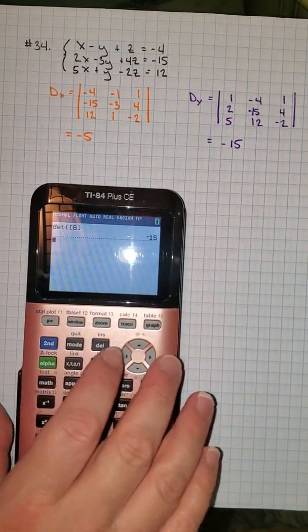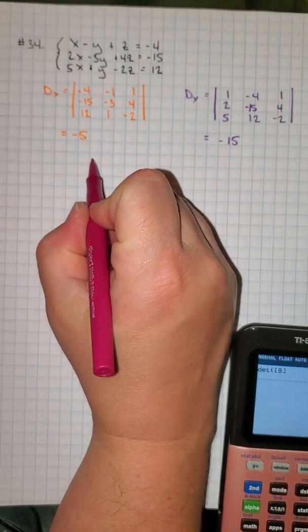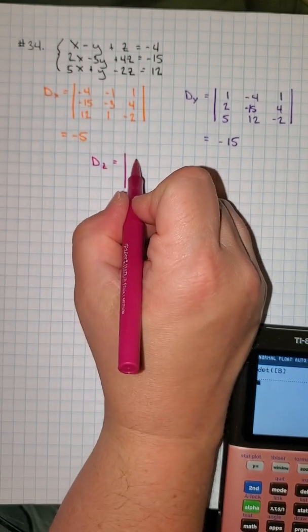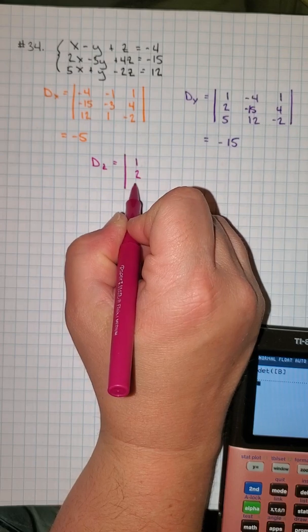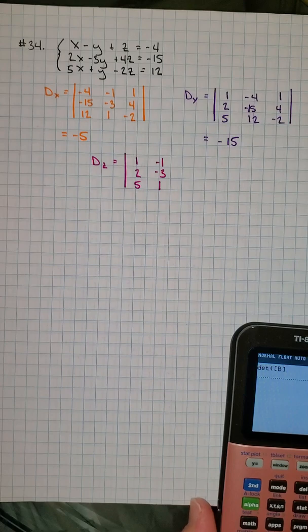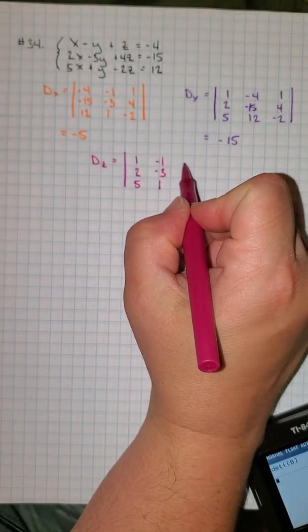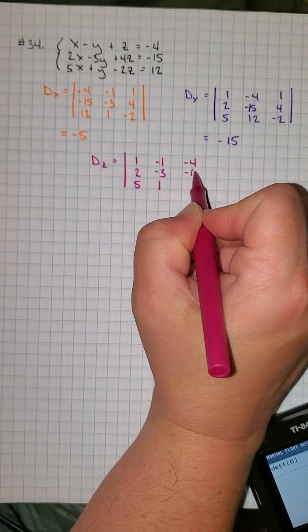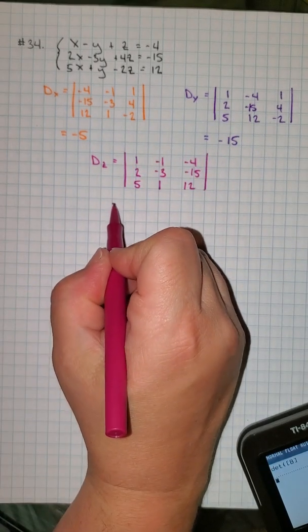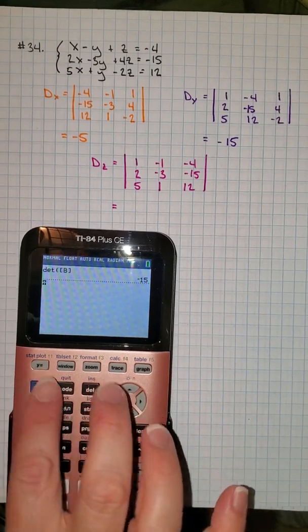Right, and then last we need to do the one for Z. So X and Y would be what our coefficients for X and Y are. And then Z becomes the answers. Alright, so go under matrix.